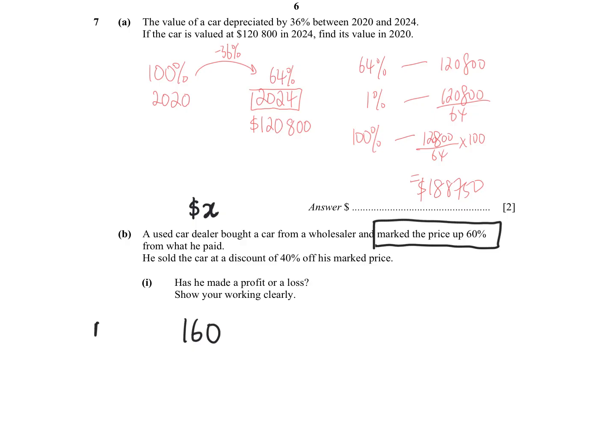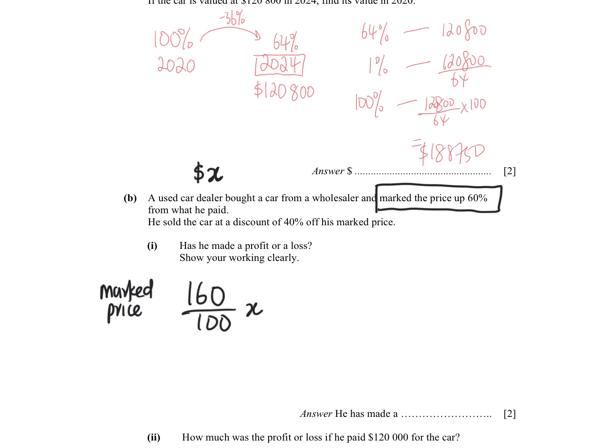So this is my mark price, 160% of my X dollars. So this is the price that I marked it at. But I'm going to pretend and give a discount of 40%. So my actual selling price after 40% discount is 60% of my mark price.